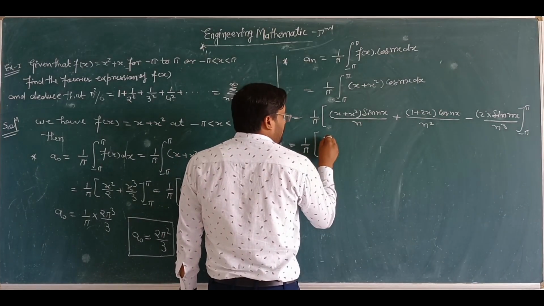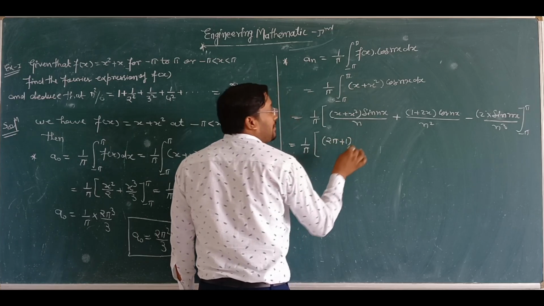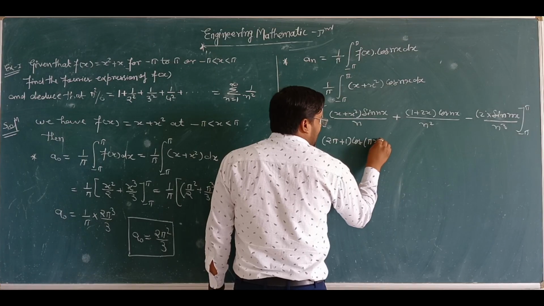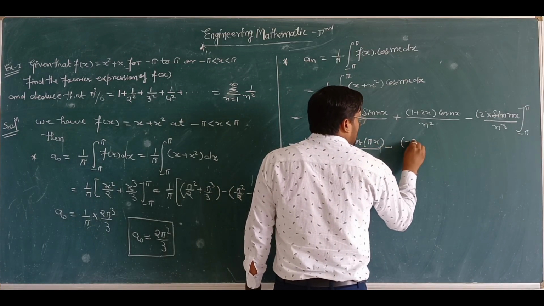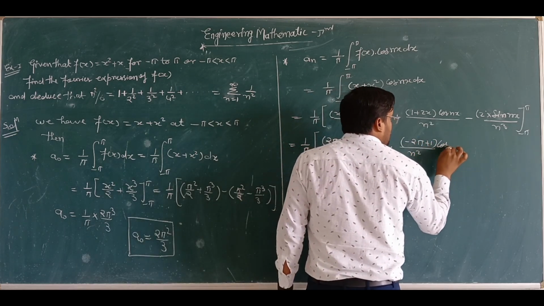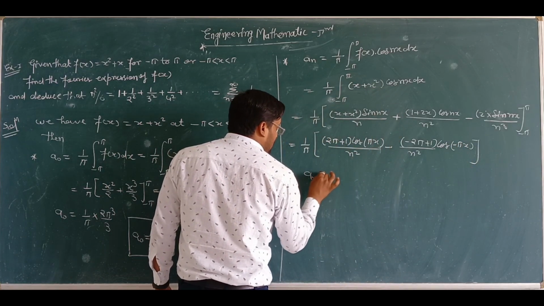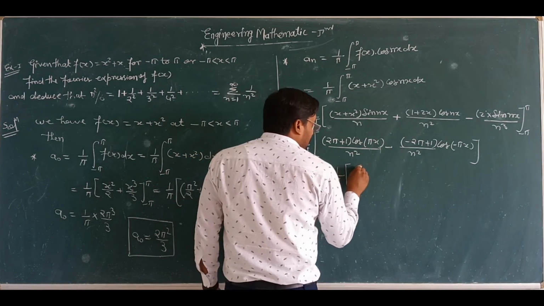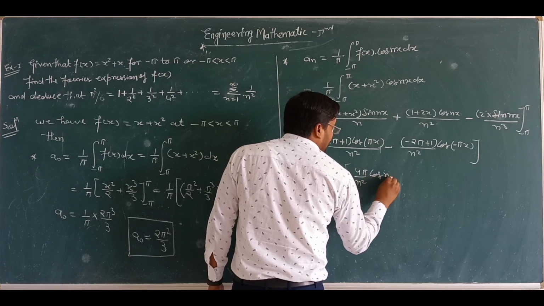Now putting the limits: 2 pi plus 1, cos n pi upon n square, minus 2 pi plus 1 upon n square into cos of minus n pi. Now solve this. an is equal to 1 by pi times 4 pi upon n square cos n pi.